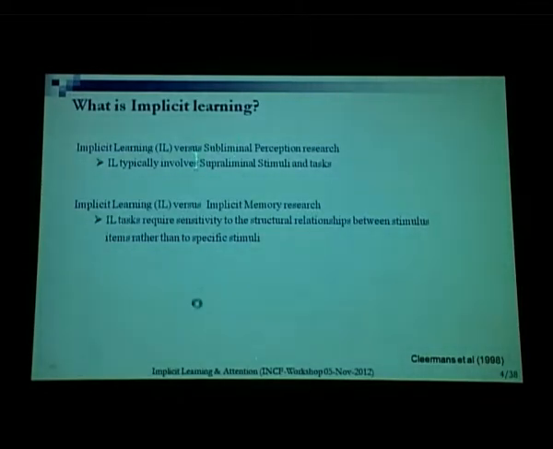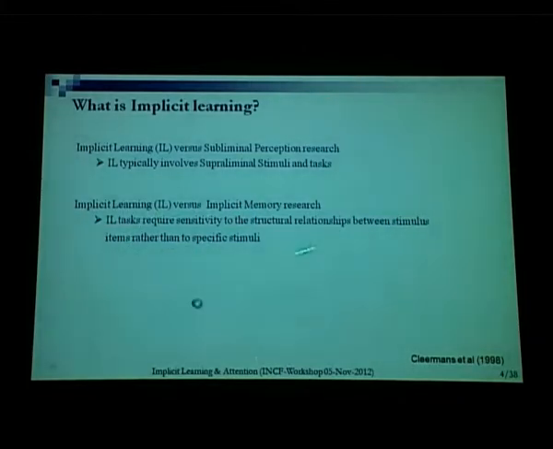Going on to distinguish from other areas of study, particularly subliminal perception research, where there has been a lot of work on priming and priming by subliminal stimuli. In implicit learning, typically the stimuli are supraliminal as opposed to subliminal perception research. And similarly, in implicit memory research, there is a large body of work on implicit aspects of memory.